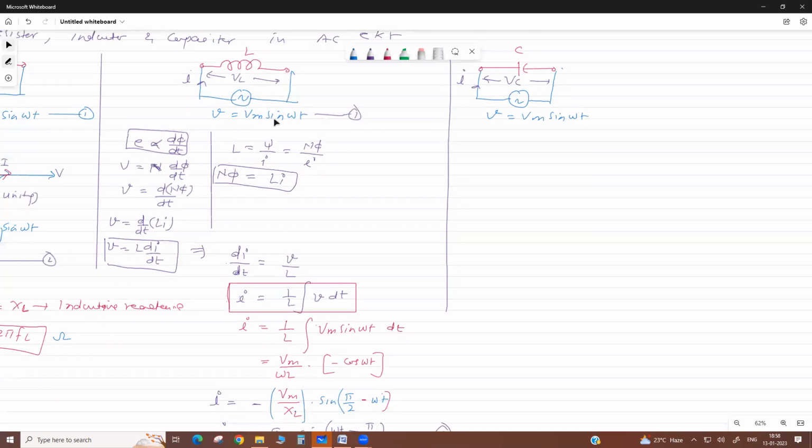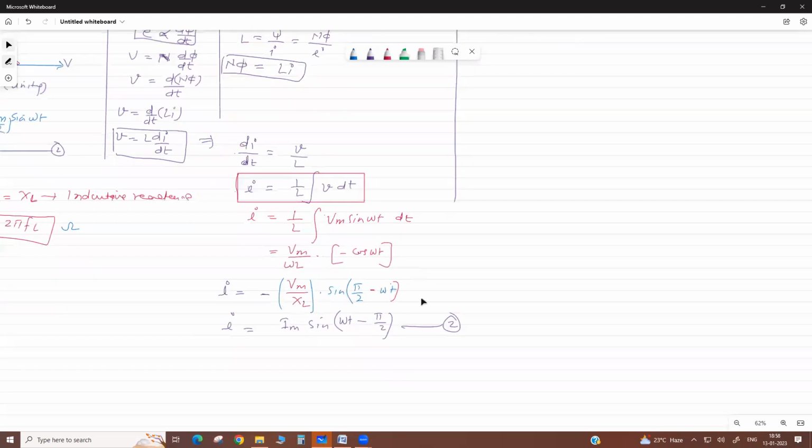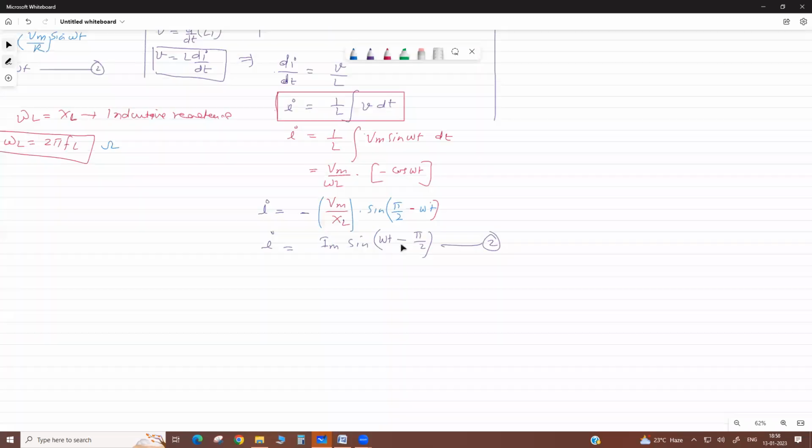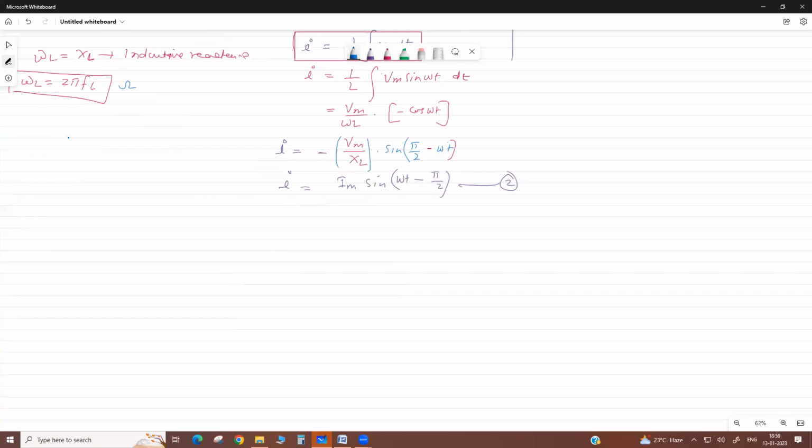And this is your voltage waveform. If we compare, there is a 90 degree lag in the waveform. In a resistance, suppose this represents your voltage waveform.